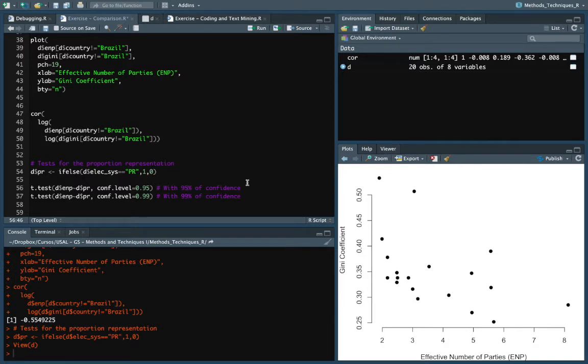At least 95 countries. So this is the probability of the PR having higher mean or average number of parties compared to other systems.